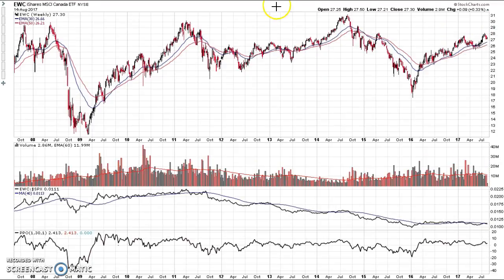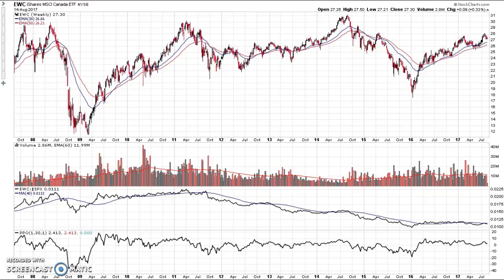But as far as tracking the Toronto stock market, EWC might be one of the best options. And you can see again, after the carnage in 2008, this ETF is still not to the top of the range yet. And it did have a very sizable decline starting in 2014, even though this ETF is more weighted towards financials. So the impact on the oil and gas markets hit this ETF pretty hard.